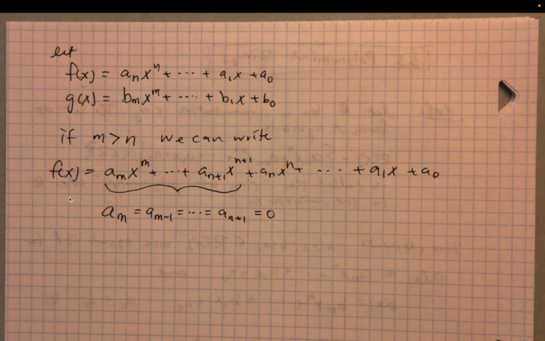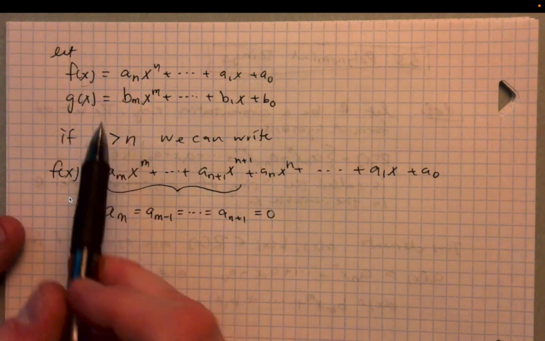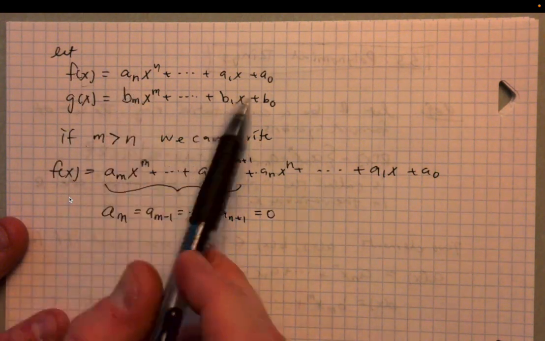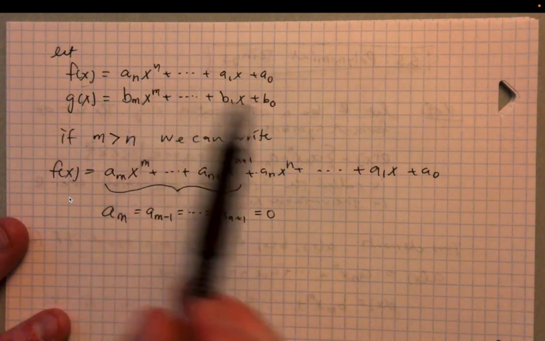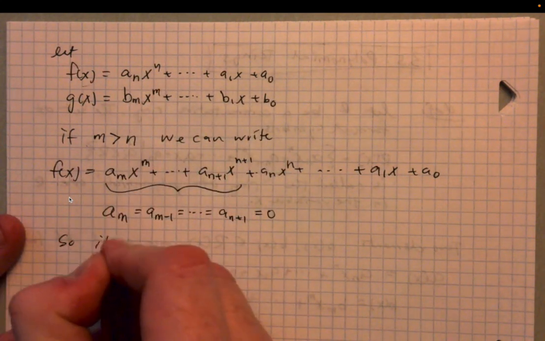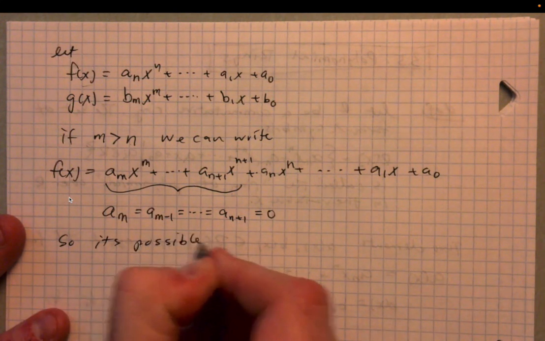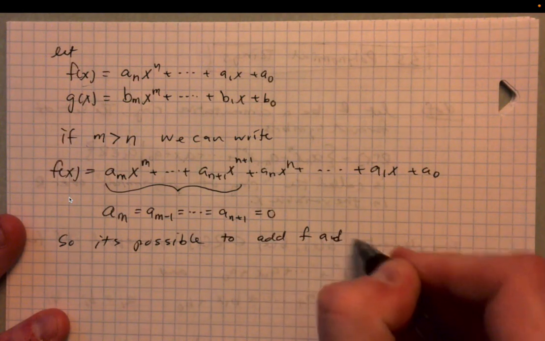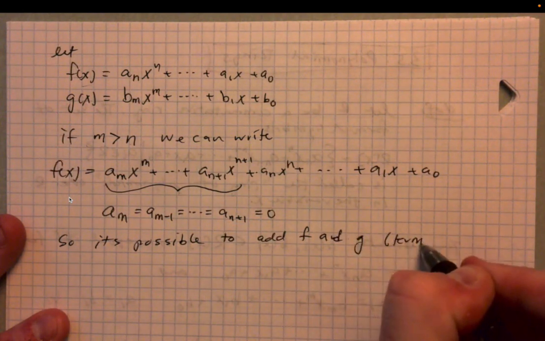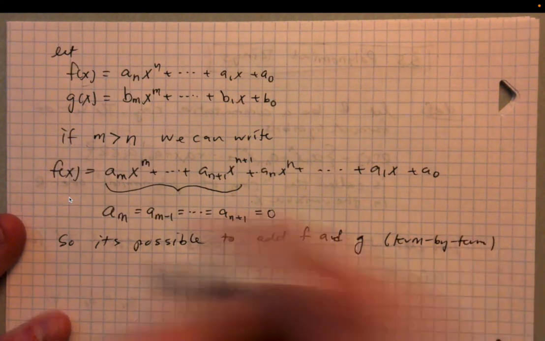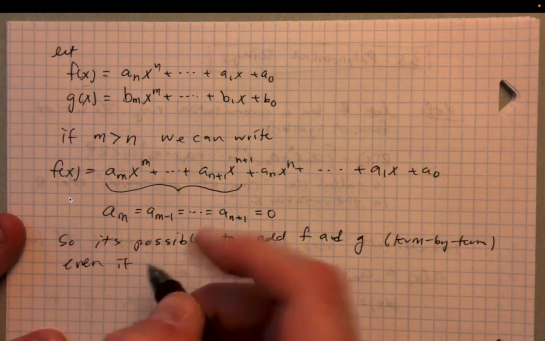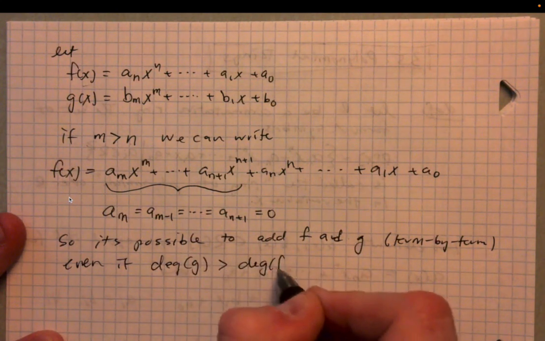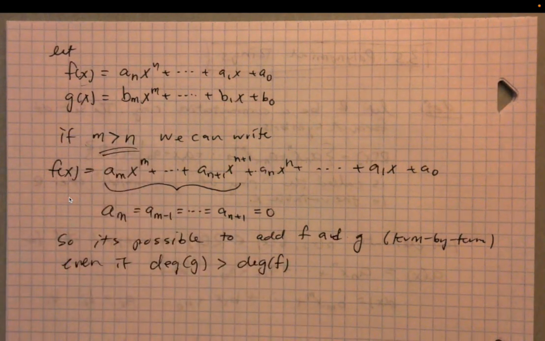Okay. And if I think about it like this, it's possible to add two polynomials term by term, even if they don't have the same degree. So it's possible to add f and g term by term, even if the degree of g is greater than the degree of f, as we've stipulated here, if m is greater than n.